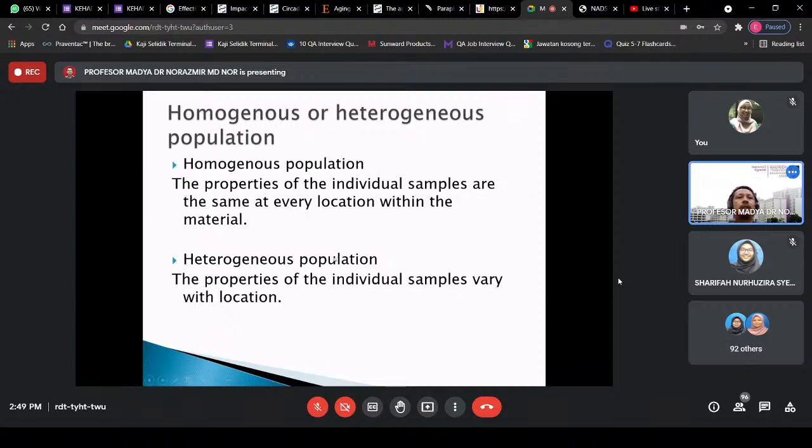Heterogeneous population, the properties of the individual sample are different within location. Let's say the same food like bread, but in a different location, it will be different based on the different location of production or the factory.